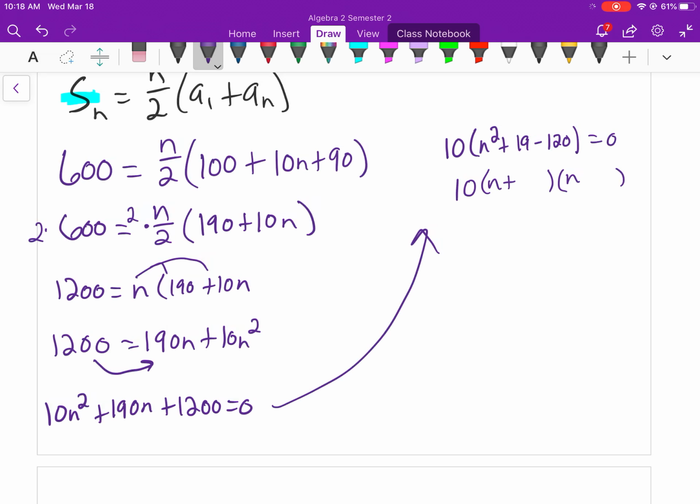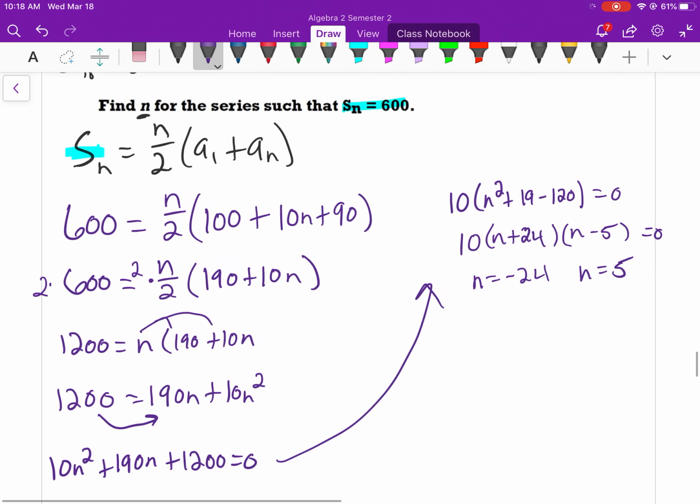They have to be opposites. Thinking what can multiply to get 120 and add to 19: 24 and 5. So plus 24, minus 5. So I get solutions of n equals negative 24, sorry, and n equals 5.